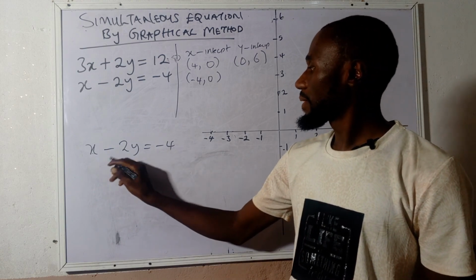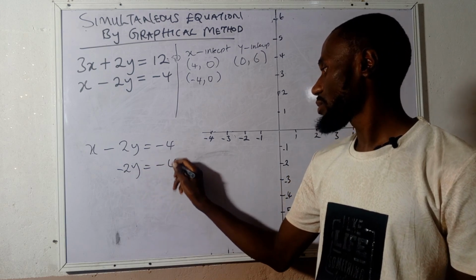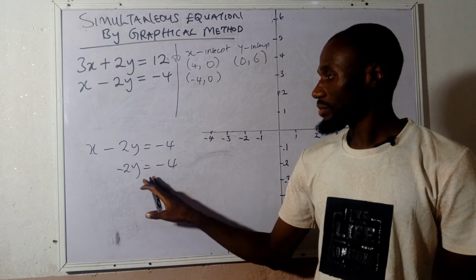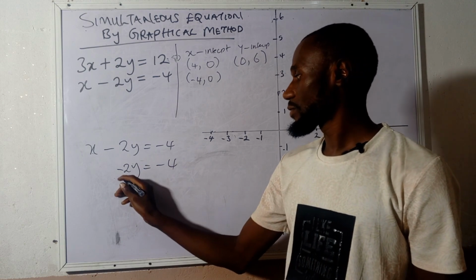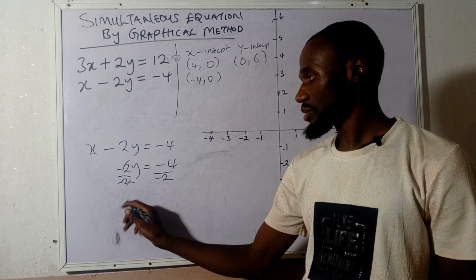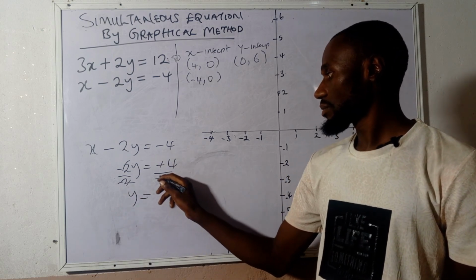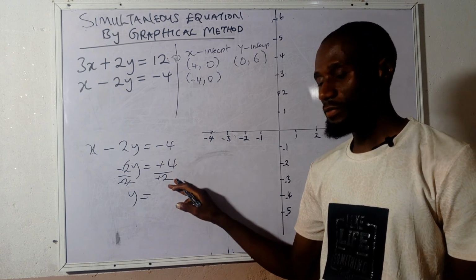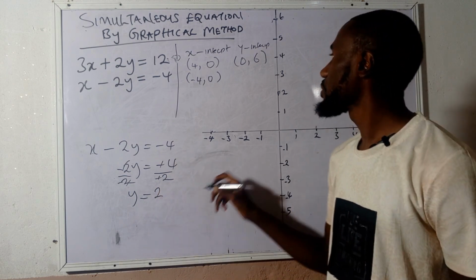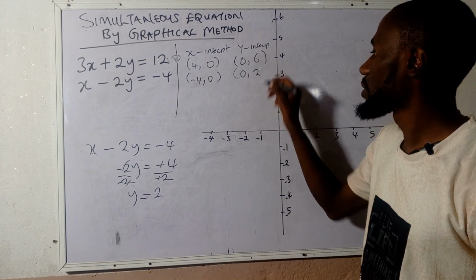Then you have minus 2y is equal to minus 4. Then you divide both sides by the coefficient of y, which is minus 2 also. The minus 2s cancel out. You have y is equal to minus 4 divided by minus 2, which is equal to 2. Therefore, when x is 0, then y is 2.